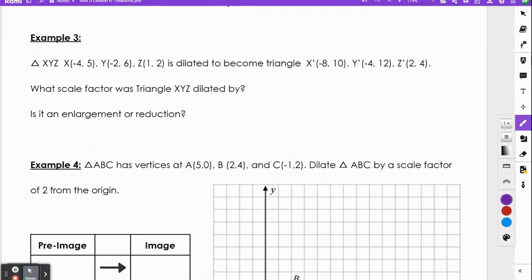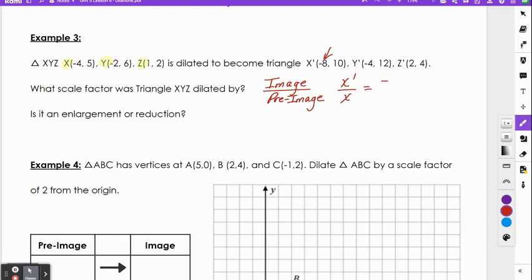For example 3, we're given our pre-image coordinates of x, y, and z, and we're being told it's dilated to become the triangle x prime, y prime, and z prime. And we want to find out what scale factor was triangle XYZ dilated by. Is it an enlargement or is it a reduction? So we're going to write the image over the pre-image. Now I'm going to go with x prime over x.